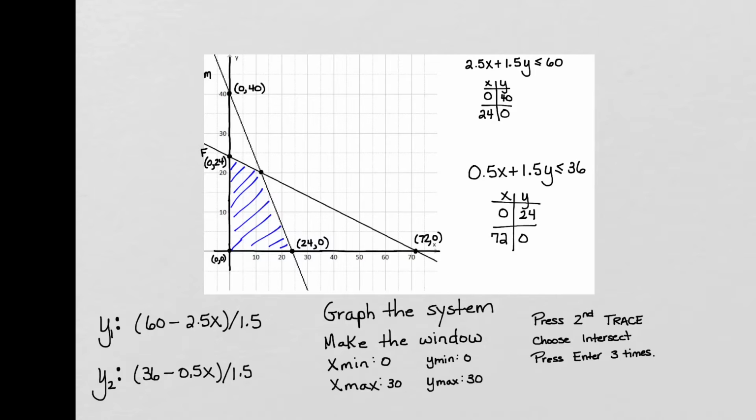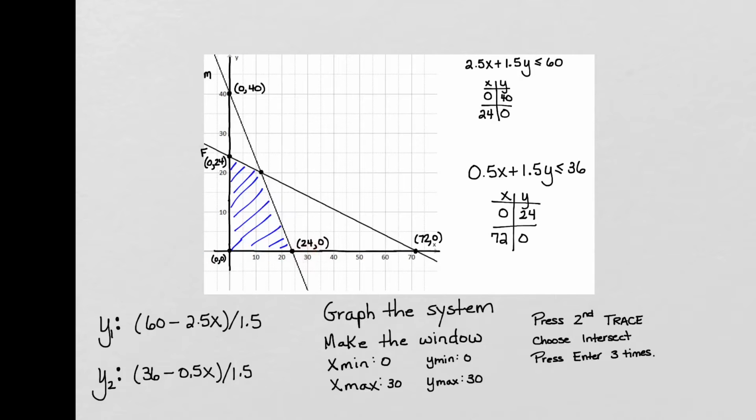And you're going to graph the system. You're going to make sure that the window is set so that you can see your point of intersection. If you have the regular setup where you go from negative 10 to 10 on the x and y axes, then you're going to miss this point altogether. So I look at what x values I'm interested in.